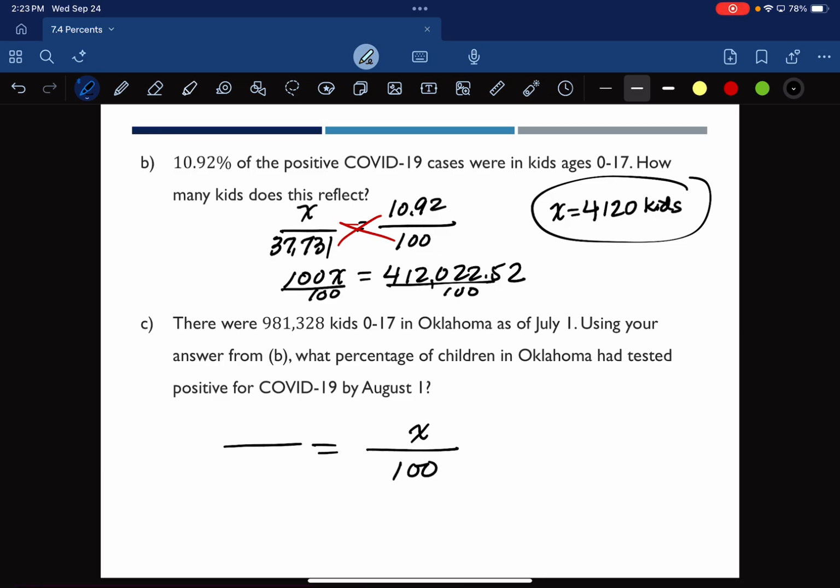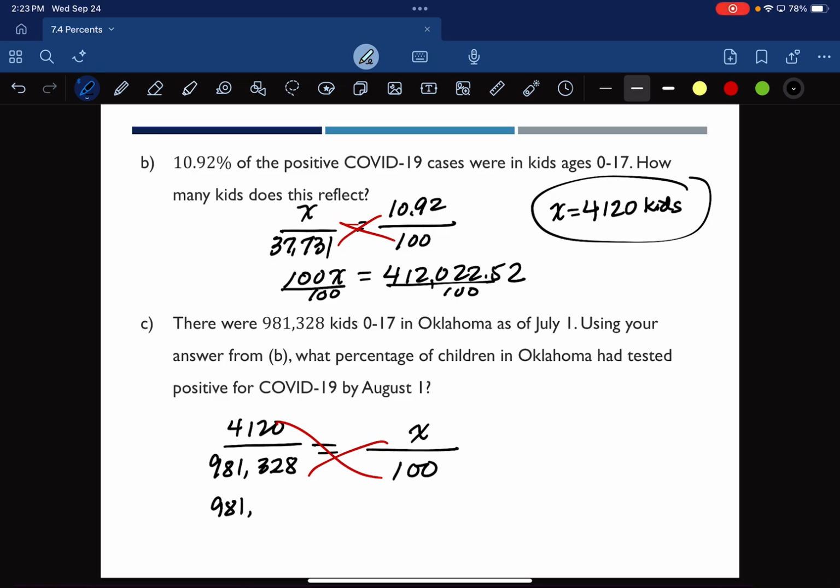Well, we had 4,120 kids that tested positive out of 981,328 children total. Okay, does this make sense so far? Okay, you cross multiply.